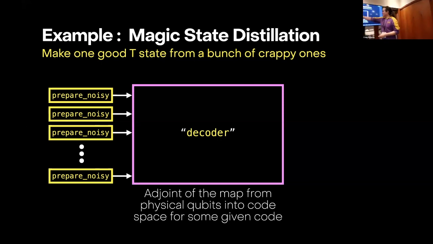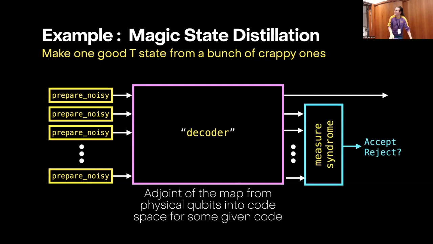So you can prepare as many noisy states as you want. Then we have a decoder circuit, which is kind of abusing a notion from error correction, which is to say, imagine that these are all trying to encode some fault tolerant state, now try and fix the error in it.